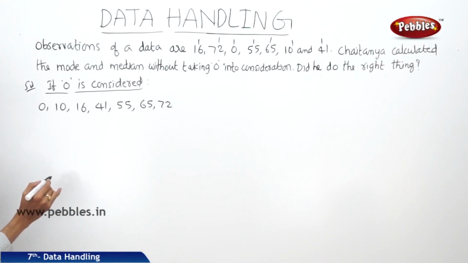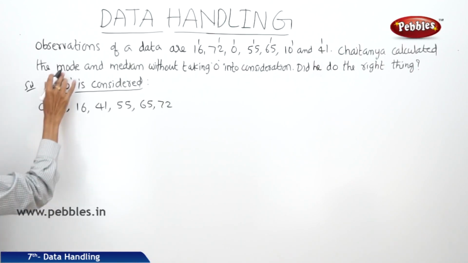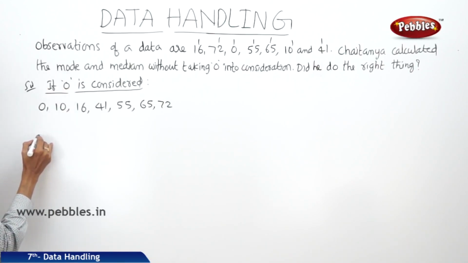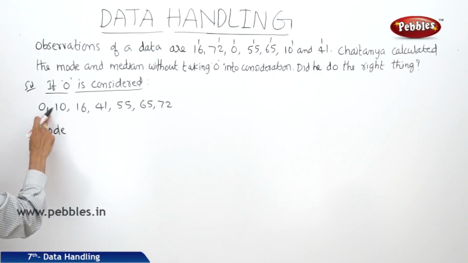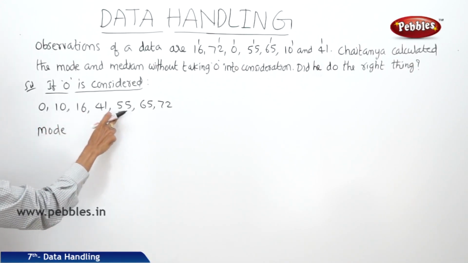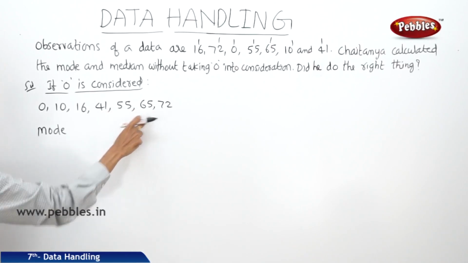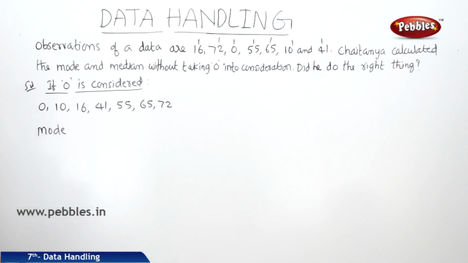Now if you find the median or the mode, see here, 0, 10, 16, 41, 55, 65 and 72. There is no observation occurring most frequently.